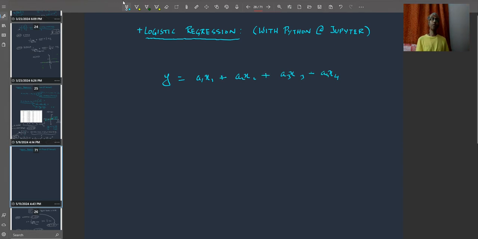And we create an equation like this. This equation does not give us exactly accurate results, but it predicts results in a reasonably good way if the weightages are calculated properly, right? And this gives us the y predicted or the y hat.